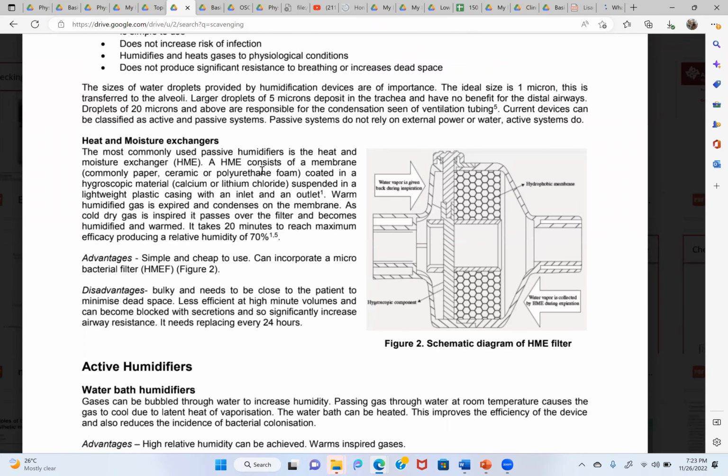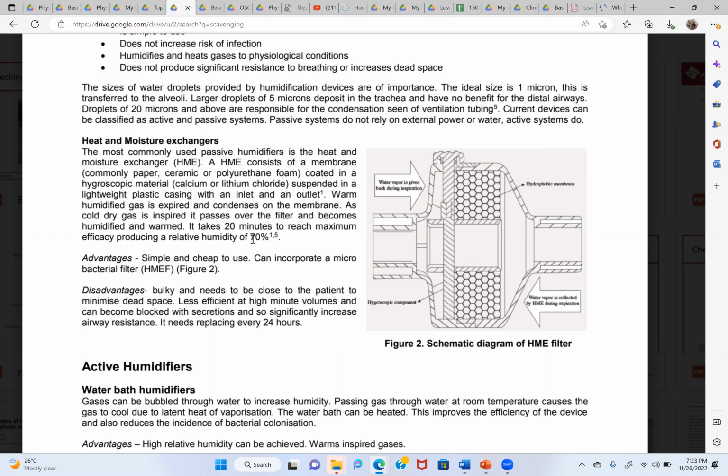Again I will read: the HME filter consists of a membrane, commonly paper, ceramic, or polyfoam, coated in a hygroscopic material, calcium or lithium chloride, suspended in a lightweight plastic casing within an inlet or outlet. Warm humidified gas is expired and condenses on the membrane, which has the hygroscopic material. As cold dry gas is inspired, it passes over the filter, becomes humidified and warm.